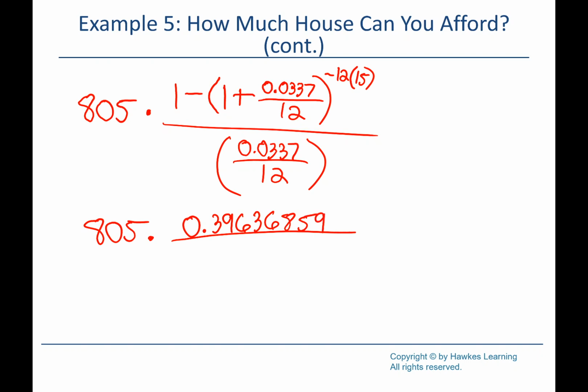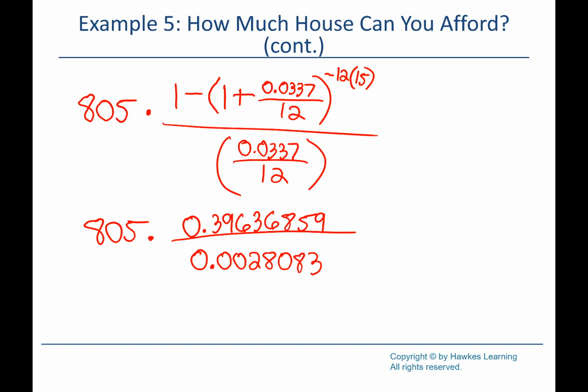And on the bottom, I have 0.0028083, something like that. Okay. So 805 times 0.39636859 divided by 0.0028083.